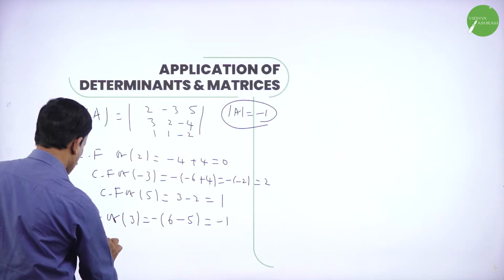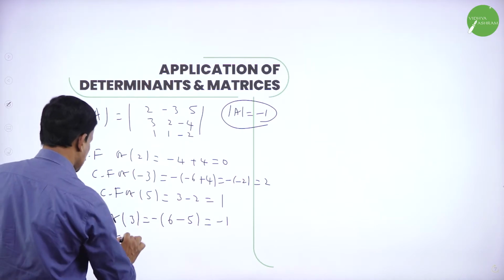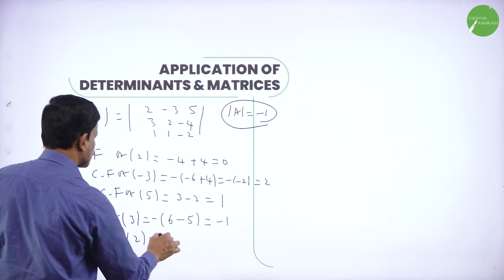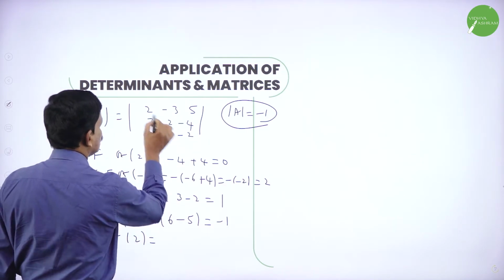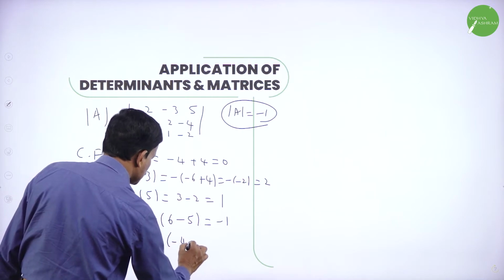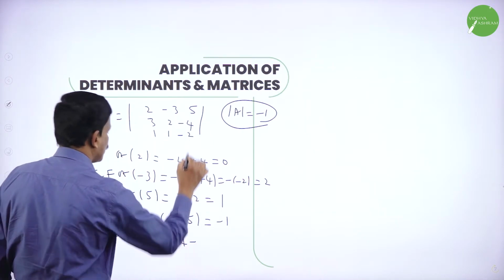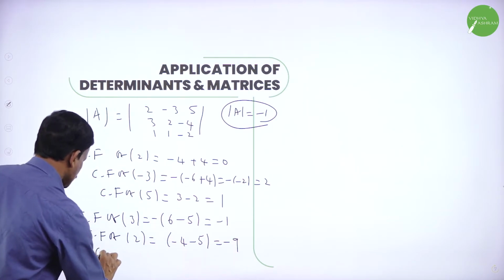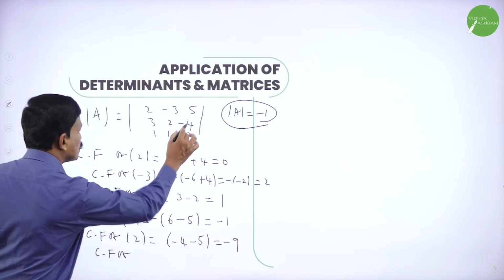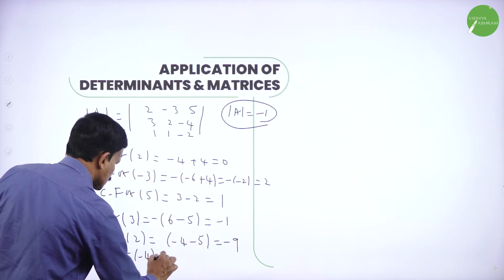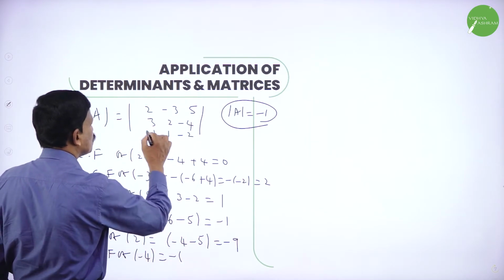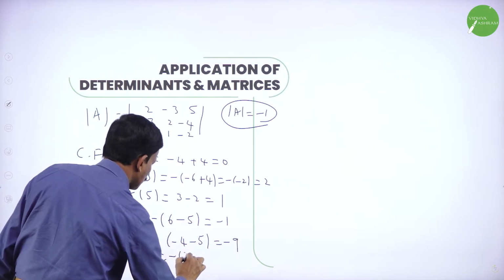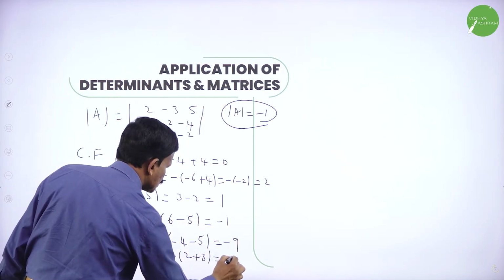Next, cofactor of this element 2, signs plus, minus, plus: this row and column is gone. 2 2s are 4, minus 4, minus 5. So this is minus 9. Next, cofactor of this minus 4, it is negative sign, this row and column is gone. 2 1s are 2, minus into minus plus 3, this is minus 5.